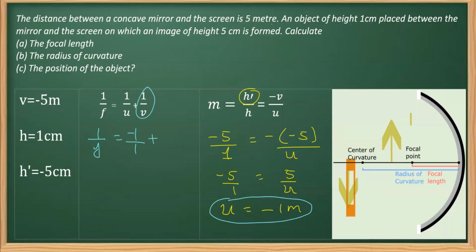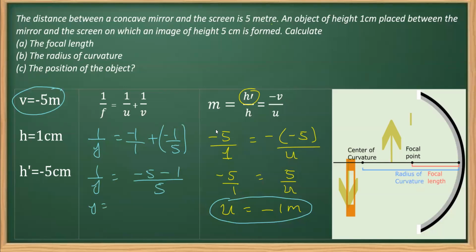The value of v is minus 5, so it will be minus 1 over 5. With further working, you will get the LCM as 5. This will be minus 5 minus 1, since minus plus minus is minus, which gives you minus 6. With cross multiplication, you will get minus 5 over 6.